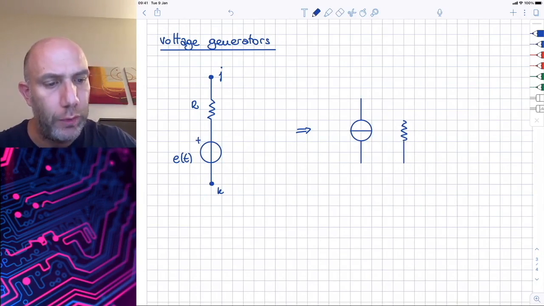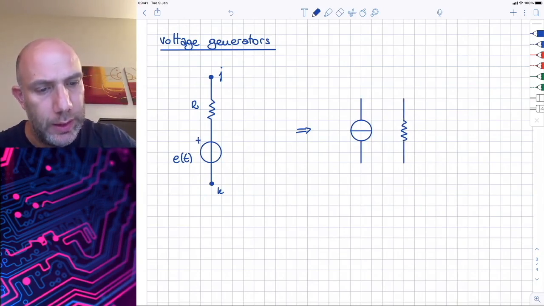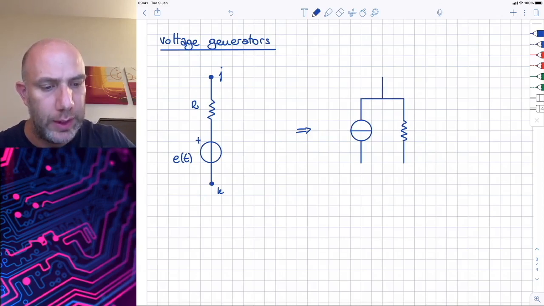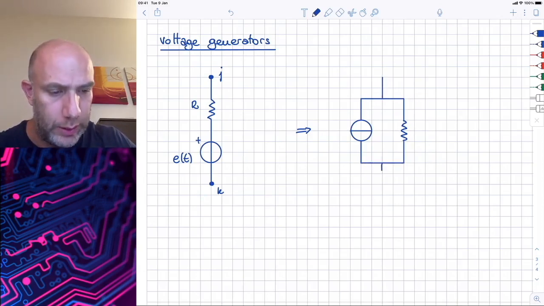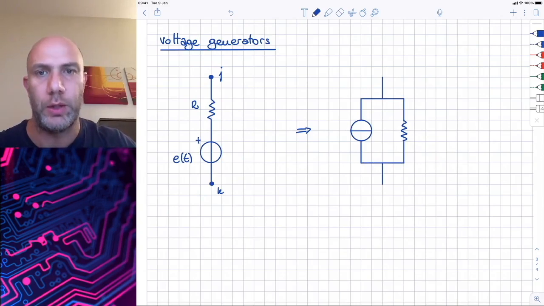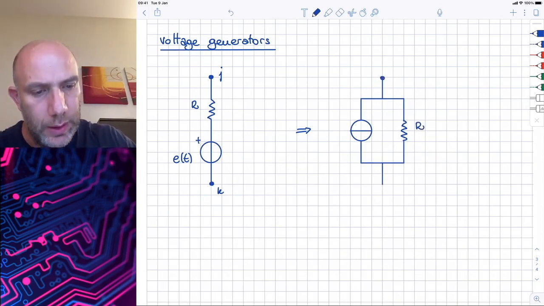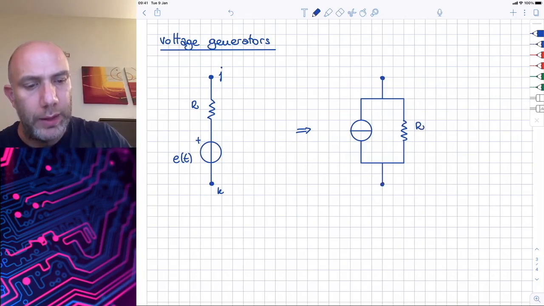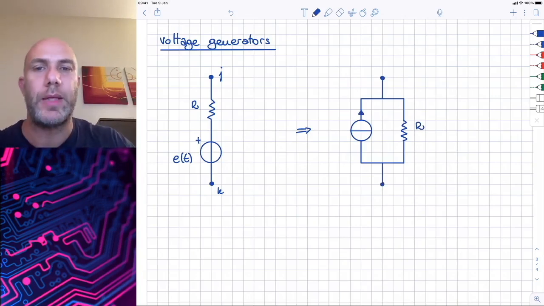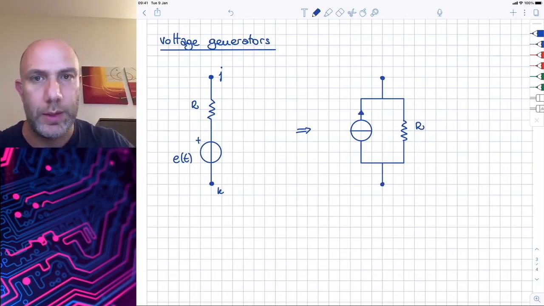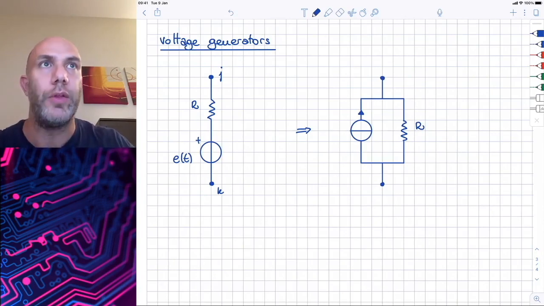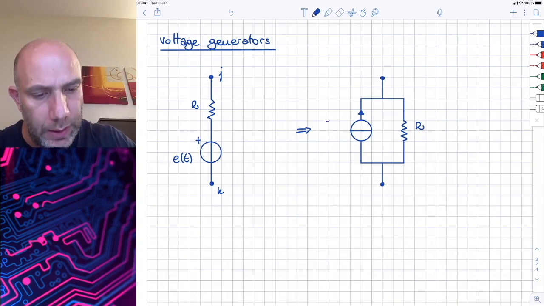The value of the resistor is identical to the value of the resistance of the original circuit made of the voltage generator and the resistor, so this value is R, while the value of the current impressed by this generator is the short circuit current of the circuit on the left, that is E of t divided by R.